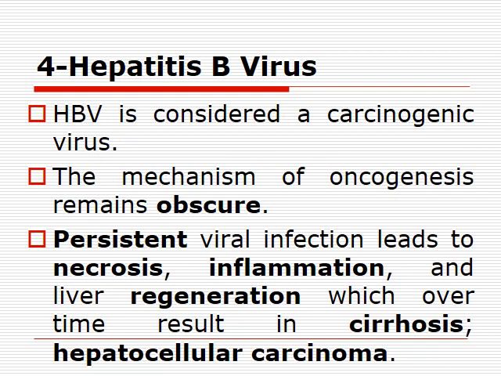Hepatitis B is considered a carcinogenic virus. The mechanism of oncogenesis remains obscure. Persistent viral infection leads to necrosis, inflammation, and regeneration. This leads to cirrhosis, then hepatocellular carcinoma.